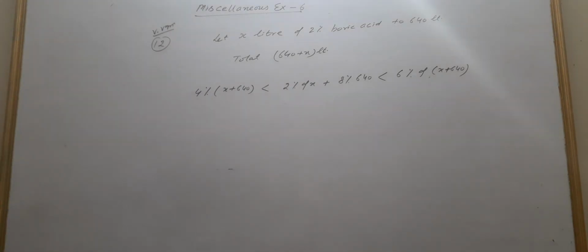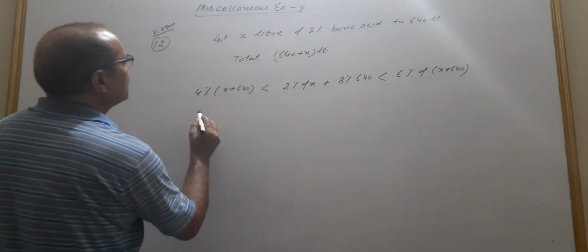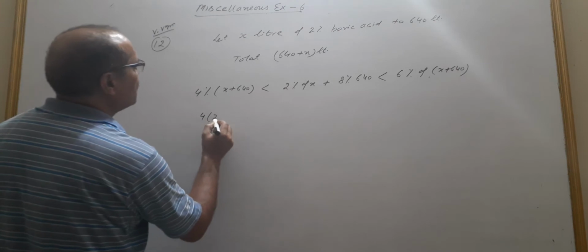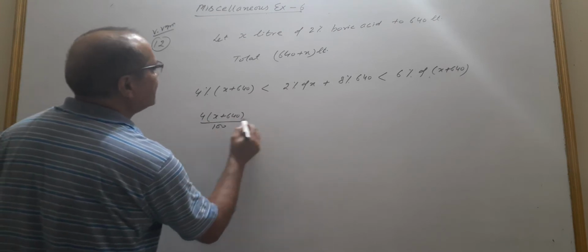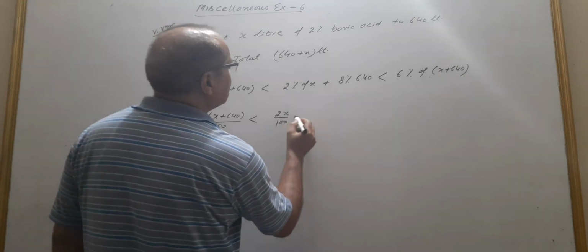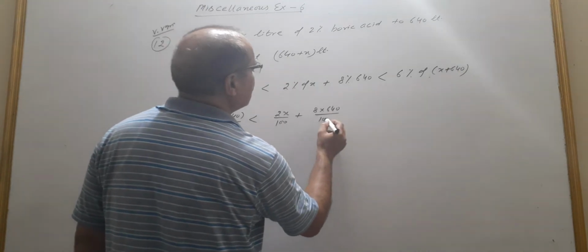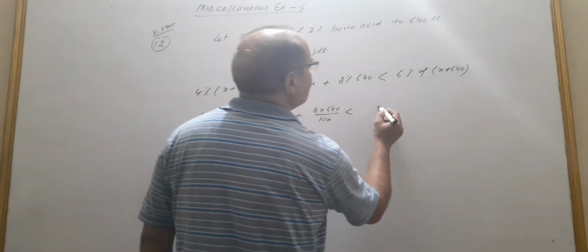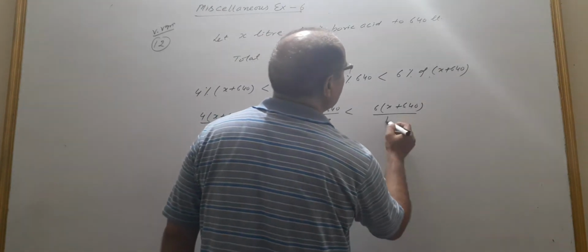Now students, after writing this, we will use the percentages: 4 times of x plus 640 percent is less than 2% of x plus 8% of 640, which is less than 6% of x plus 640, because the total mixture is this.